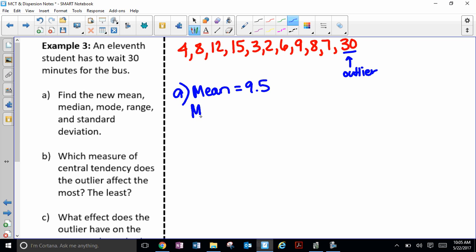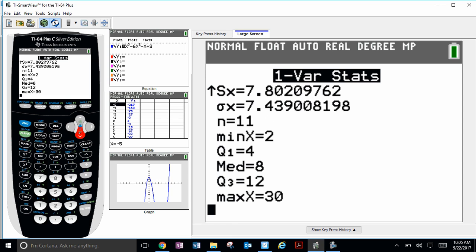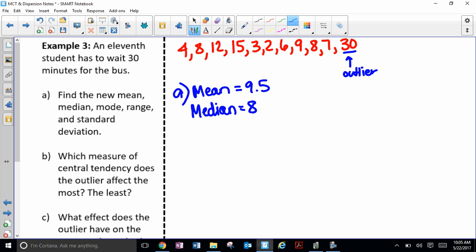The median, let's see, median is 8. The mode has not changed. Adding that number 30 didn't change our mode, so our mode is still 8.